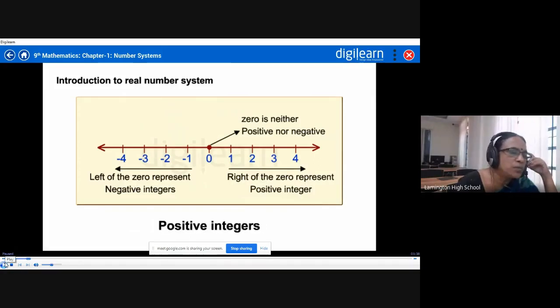What you are observing on the screen is a number line. You students are already familiar with the number line. So 0 is neither positive nor negative. It has no sign, plus or minus. The right of 0 represents the positive numbers and the left of 0 represents the negative numbers.